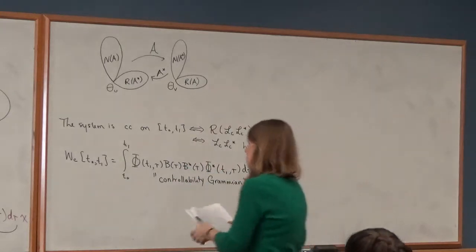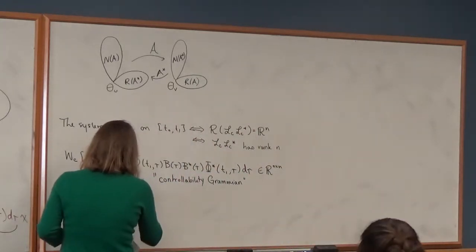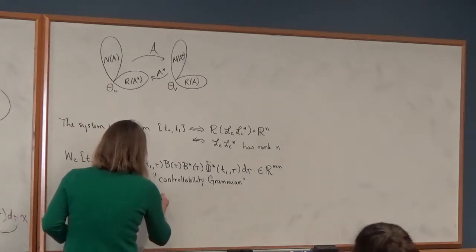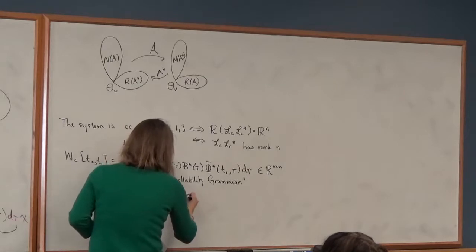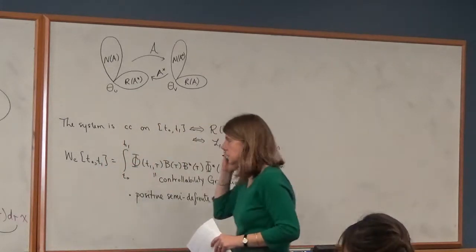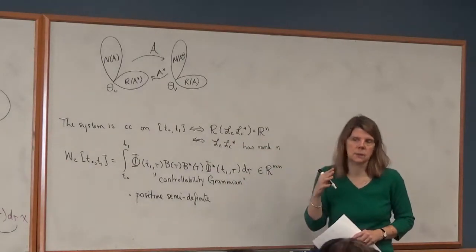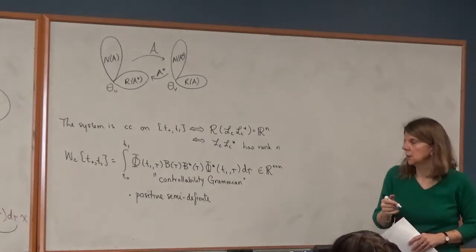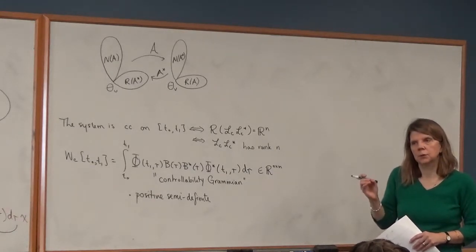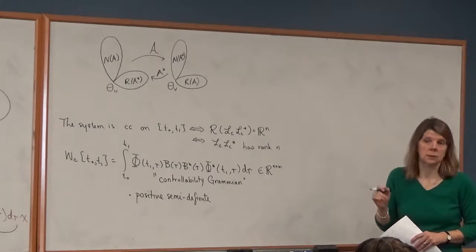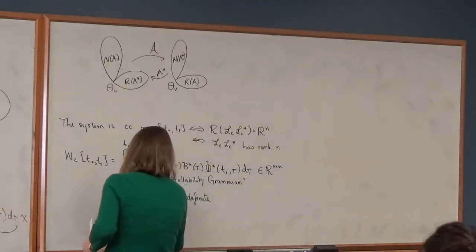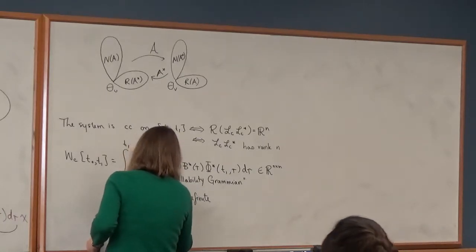In general, this matrix is always positive semi-definite, meaning that for all t between t0 and t1, its eigenvalues are always either 0 or positive. So it's always positive semi-definite, but for complete controllability, you need it to be positive definite. It's also symmetric, and these are very easy to test.